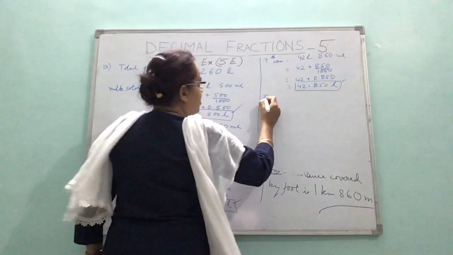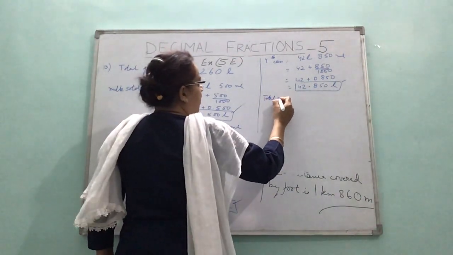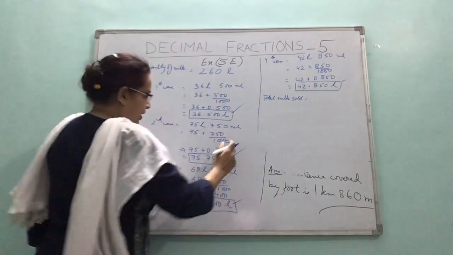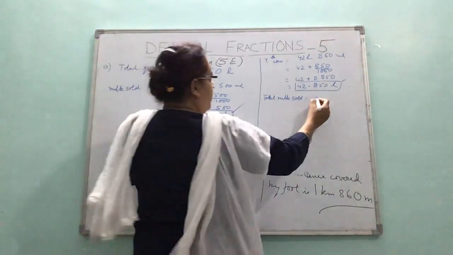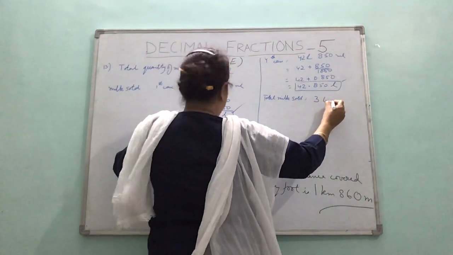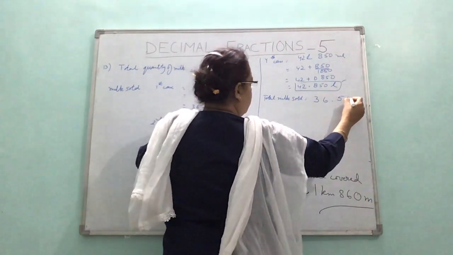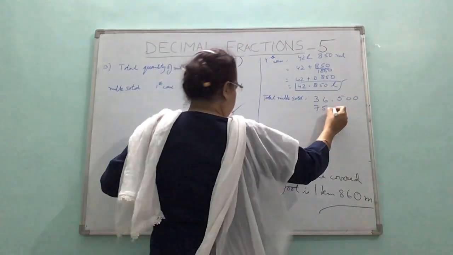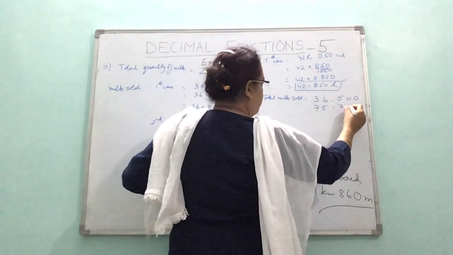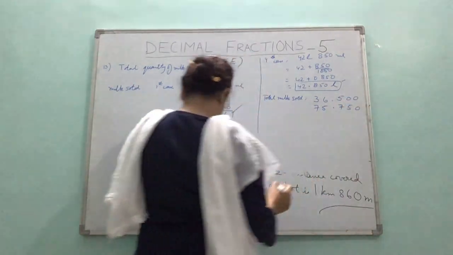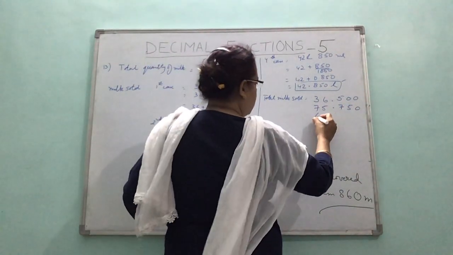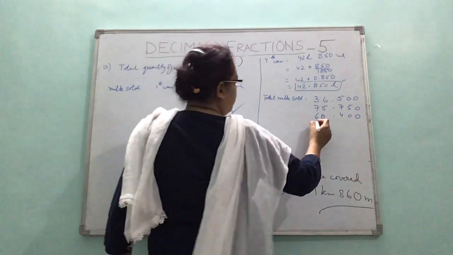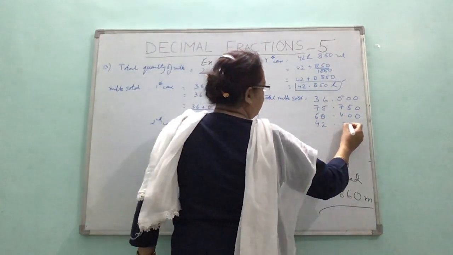Well, total milk sold. So first I'll add all these four which are sold. So let's see, be very careful. 36.500, 75.750, 68.400, 42.850.